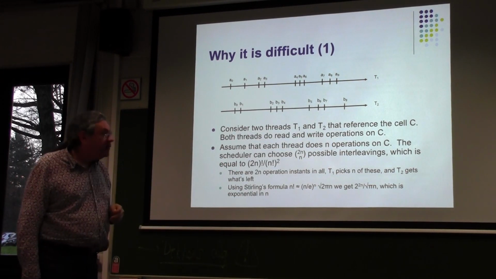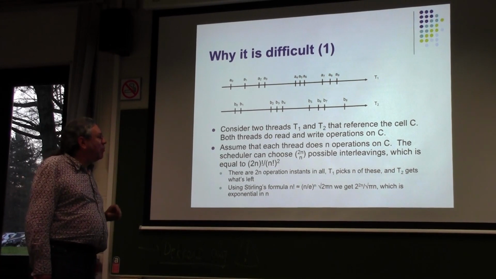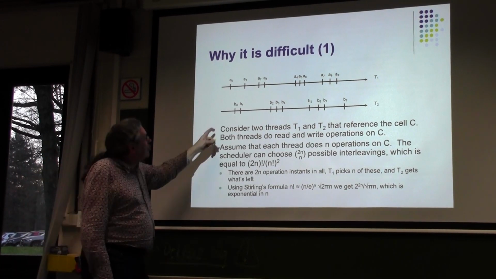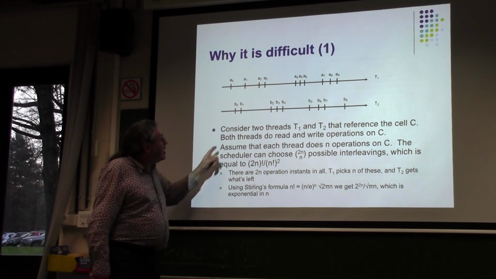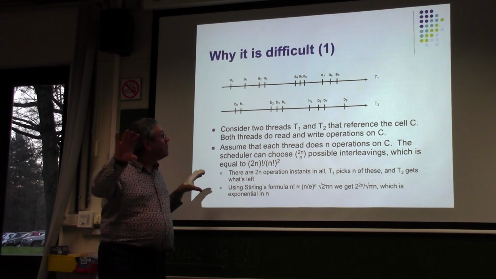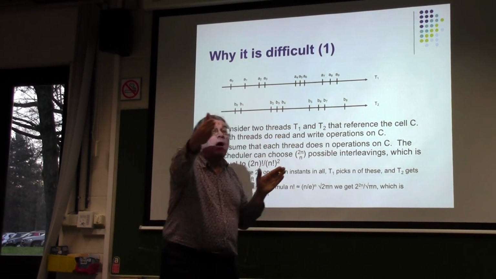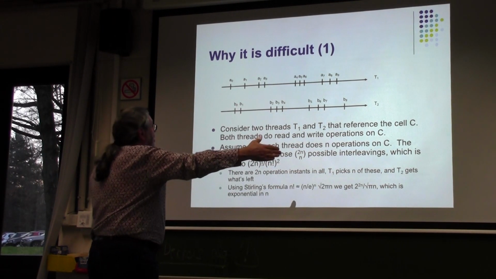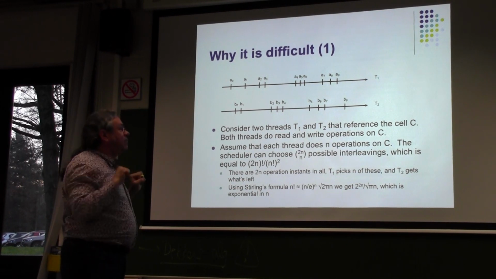But how many possible choices are there if each thread does n operations? Well, you can compute that. It's combinatorics. Assume we have 2n operations. That means in the timeline there's actually 2n slots. The a's are in n of those, and the b's are in the other n.